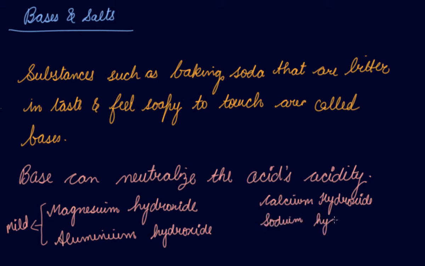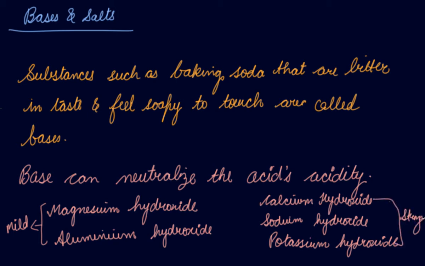These bases are used in order to make soap, as the bases are soapy substances. So the soap is made out of sodium hydroxide and potassium hydroxide. Right. So these are your strong bases.